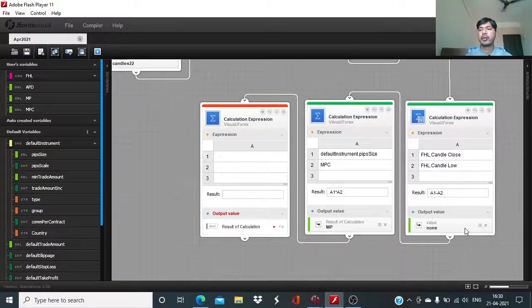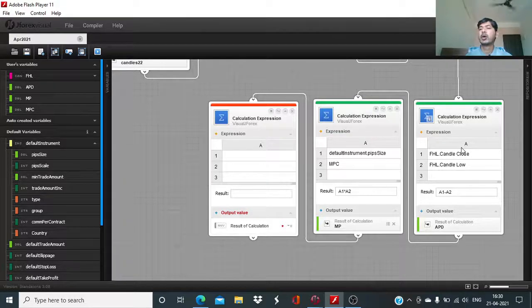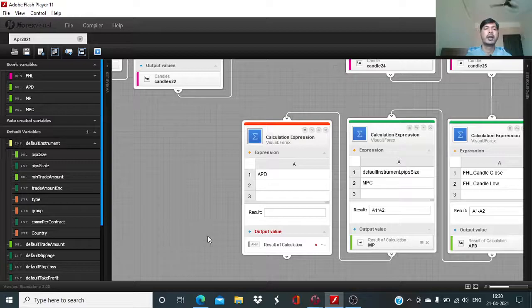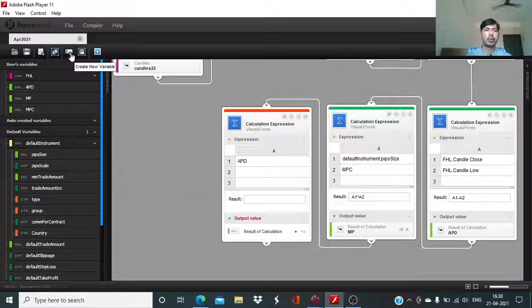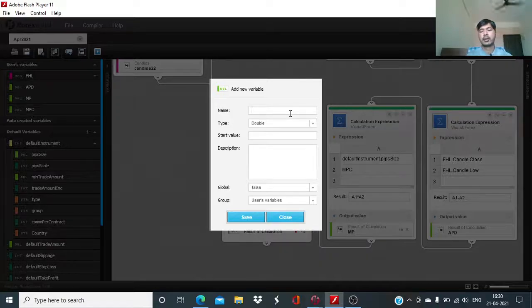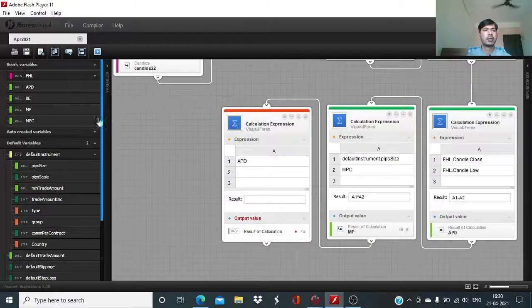And then, as I said, we want to place the order below the market price, and that should be 30% of the price difference between the close and the low. So I will have to take this result and multiply it with 0.3 to arrive at the desired point of entry. This will be A1 into A2.